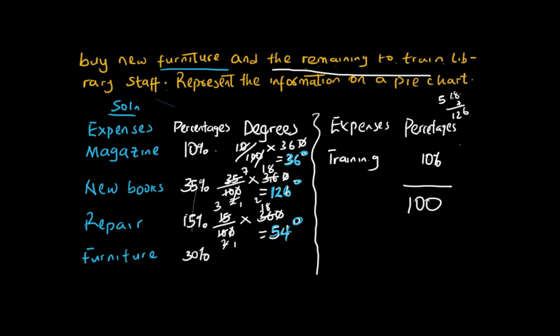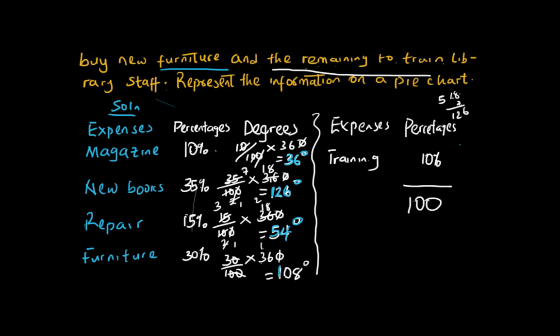Now let's do the next one. So for the next one, we have 30 over 100 times 360. 0 cancels 0. 0 cancels 0. We are left with 3 times 36. 3 times 6 is 18. 8 carry 1. 3 times 3 is 9. 9 plus 1 is 10. So we have 108 degrees.